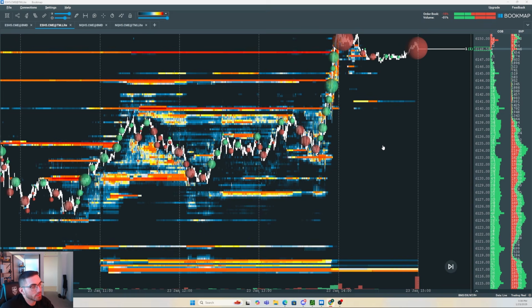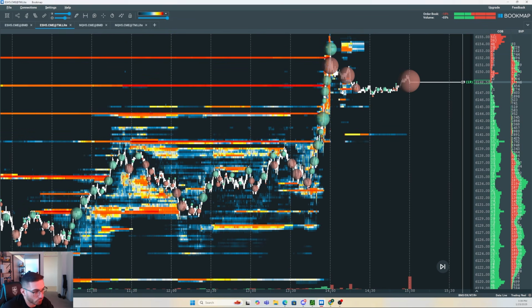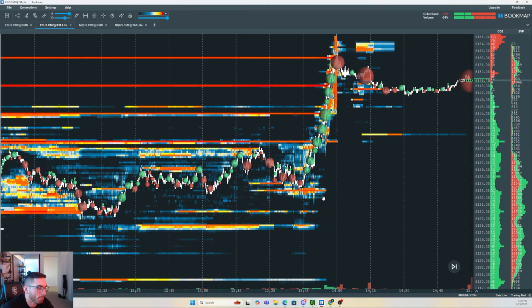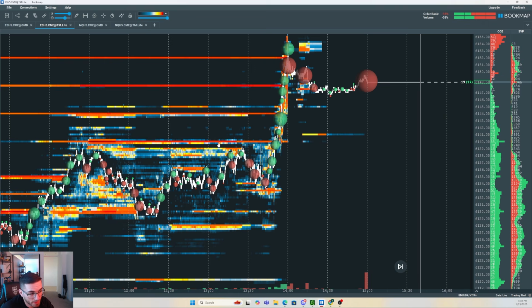Now, also, we do have these green and red bubbles, which essentially are just going to be aggressive buyers or sellers in the market. I don't pay too much attention to them unless you're trading a breakout, which as most of you guys know, I'm not a huge fan of trading breakouts, but if you like to trade them, then obviously you want to see when we break a key level, do large aggressive buyers or sellers come into the market?